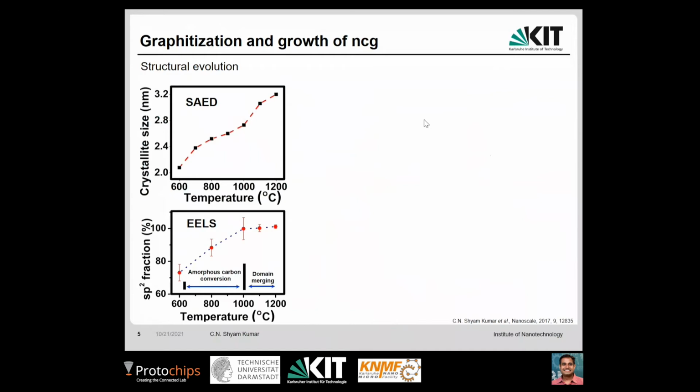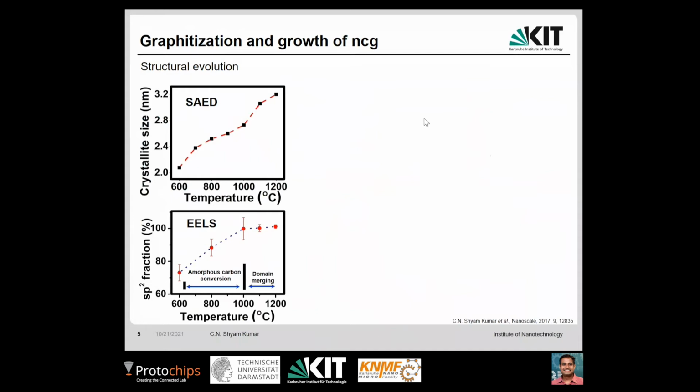This leaves us with a two-stage growth mechanism. The sample is almost completely graphitic at 1000 degrees Celsius. So the intermediate temperature growth is mainly by consuming the disordered carbon around the crystallites, and the high temperature growth is by the merging of the already formed crystallites.